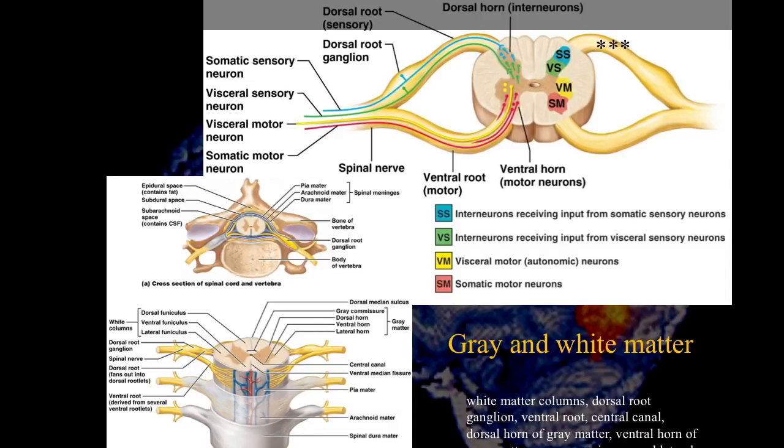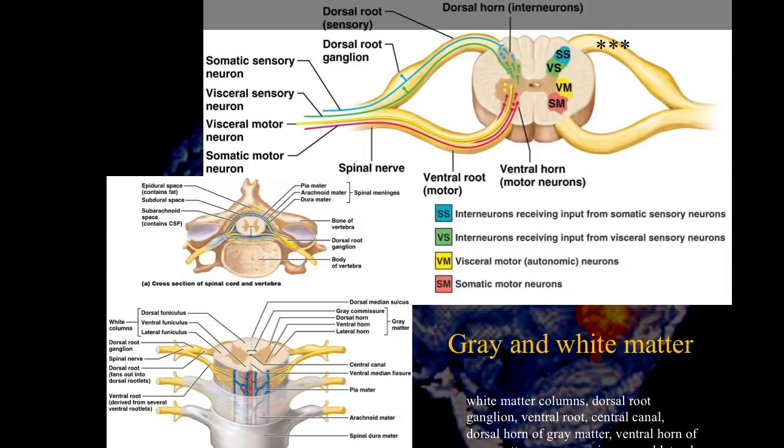There's 3 different horns. There's the dorsal horn on the back, the ventral horn in the front, and then we have our lateral horn on the side. And then our key down here tells us what happens in each of these areas. If they're a dorsal horn, what are they going to be responsible for, sensory or motor?